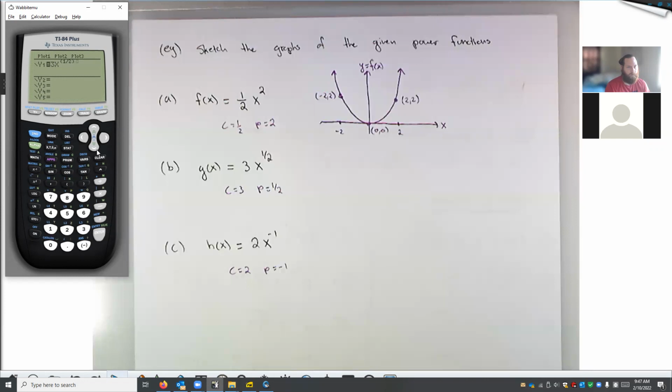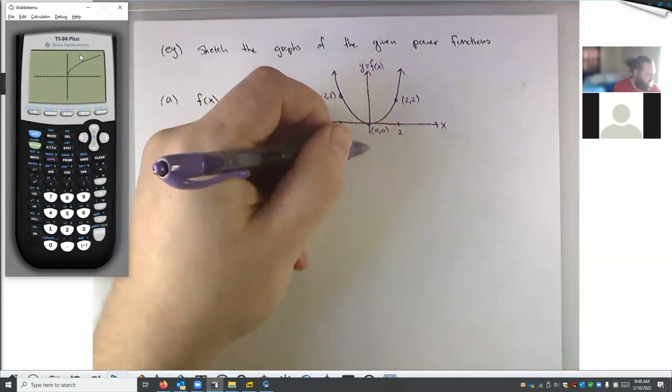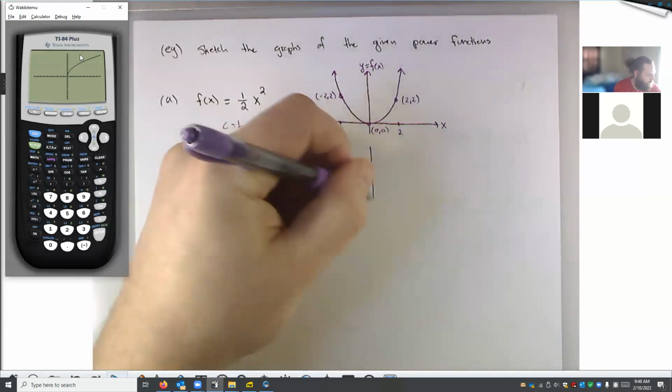So anybody who's following along with a different calculator, always good discipline when you're working with a calculator, put your fractions in parentheses. We'll hit graph. And we see this sort of shape. So root functions often have this sort of shape, at least in quadrant 1.